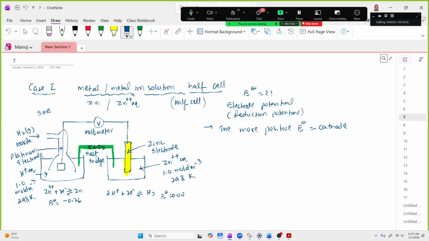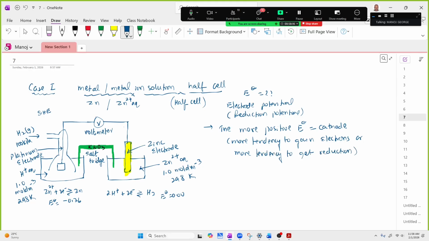Whoever has a more positive E° value has more tendency to gain electrons. Somebody who wants electrons very badly will have more positive E°, correct? Or you can say more tendency to get reduced, because gaining of electrons is reduction.